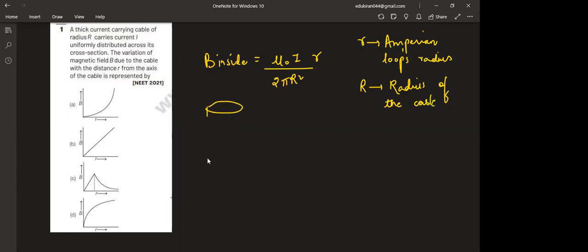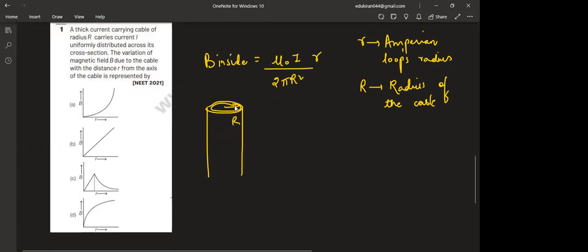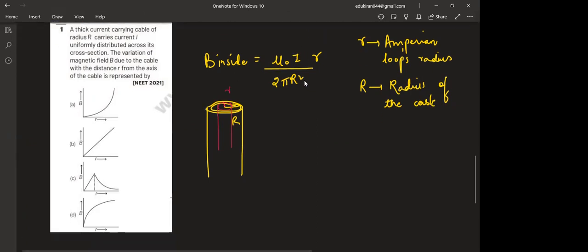So if this is the cable wire, some radius must be there for this wire, that radius is capital R. If we are choosing a point inside of it, the radius of this Amperian loop that we are choosing is small r. So just remember the formula: mu naught I r by 2 pi R squared.